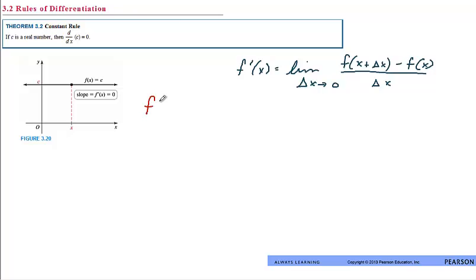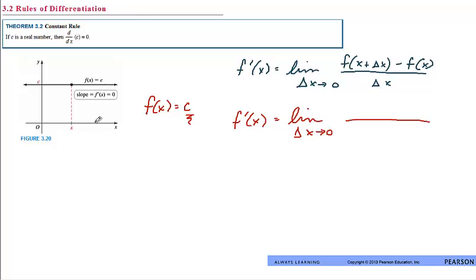So f of x is some constant, and I want to know the derivative of a function if it happens to be a constant. So let's look at how that might play out if I were to just do it for any value of c. So f prime of this c is the limit as delta x goes to 0 of f of x plus delta x.